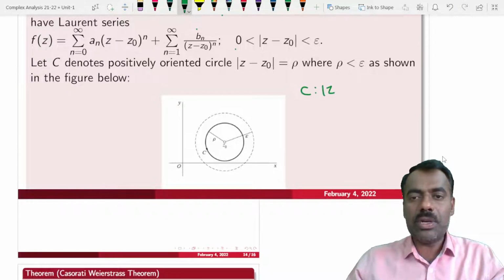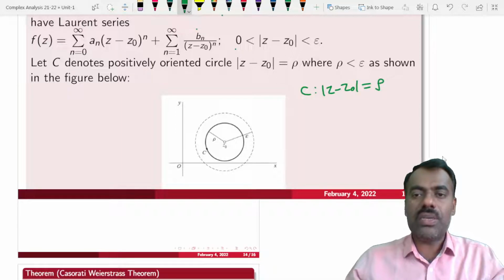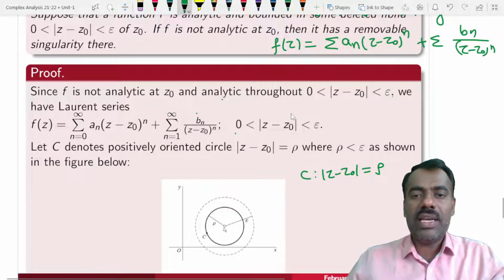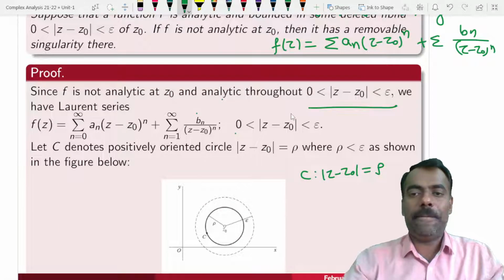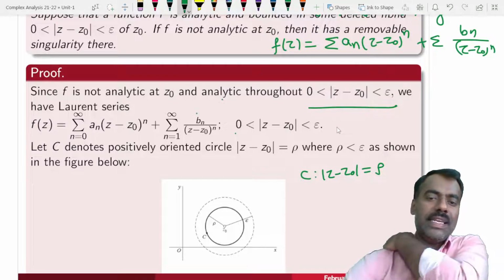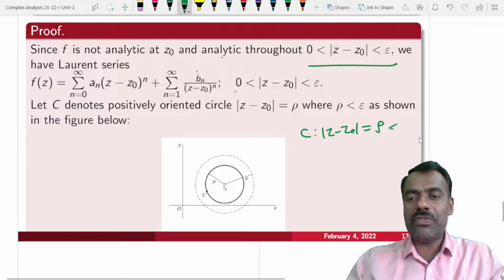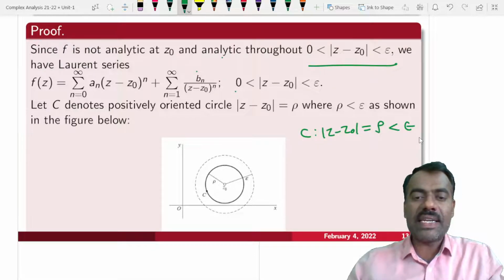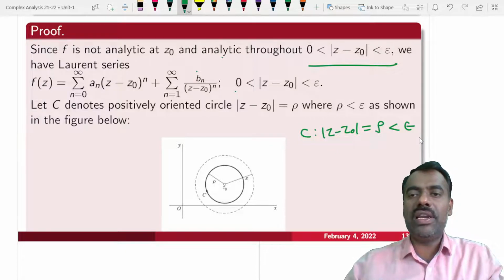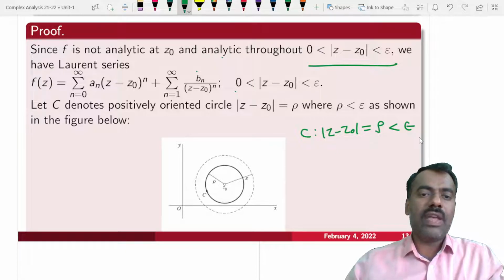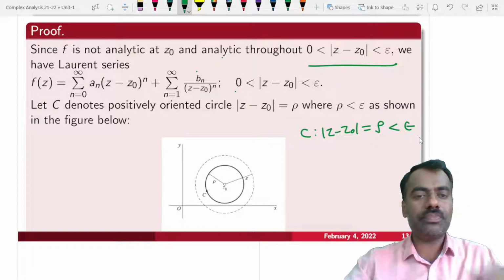Let me enlarge the image a little. So our c is mod z minus z naught equal to rho, where rho is less than epsilon, since we already have a deleted neighborhood of radius epsilon. That means we have a circle inside that deleted neighborhood, between 0 and epsilon, in that annular region, and f is analytic here.